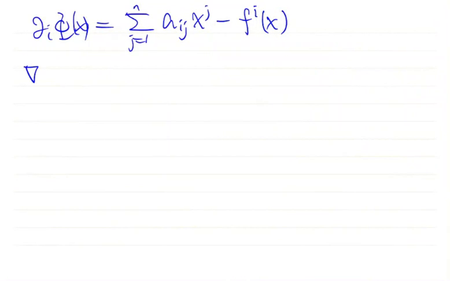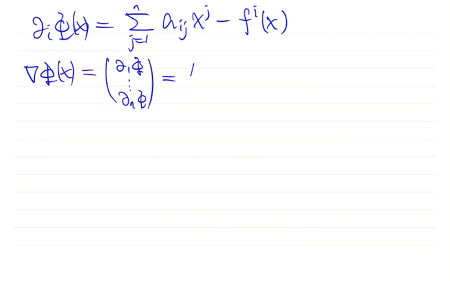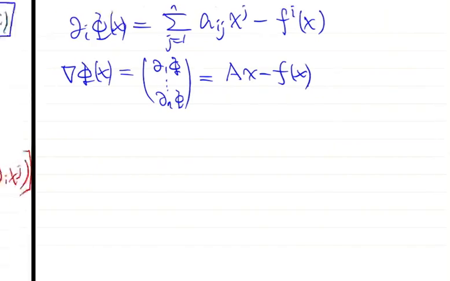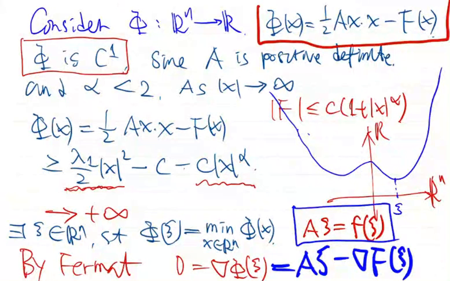Together, the gradient of Phi(x), if we write the gradient as a column vector, is (∂_1 Phi, ..., ∂_n Phi), and you will see that this is Ax minus f(x). So this proves our claim at the bottom of this page: the gradient of Phi(x) is equal to Ax minus the gradient of capital F(x), which is small f(x). Okay, so this concludes this example.